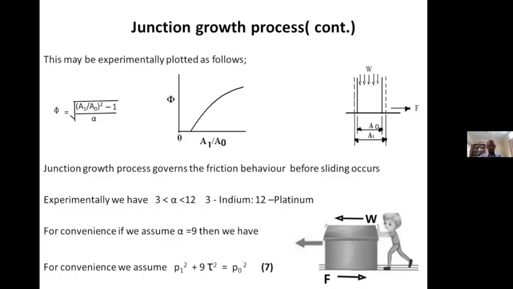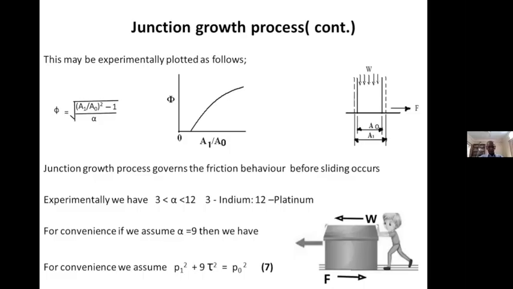So this is something interesting to note, that as the junction grows, initially, when phi is 0, A1 by A0 is not 0. You can see it from the equation here. So the junction growth process governs the friction behavior before sliding occurs.